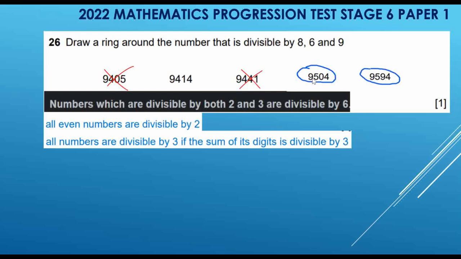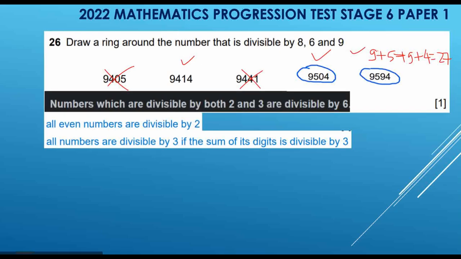This one, 9 plus 5 plus 0 plus 4, is also 18. And 9 plus 5 plus 9 plus 4 is also divisible by 3 because altogether the sum is 27. So we still keep these 3 numbers.